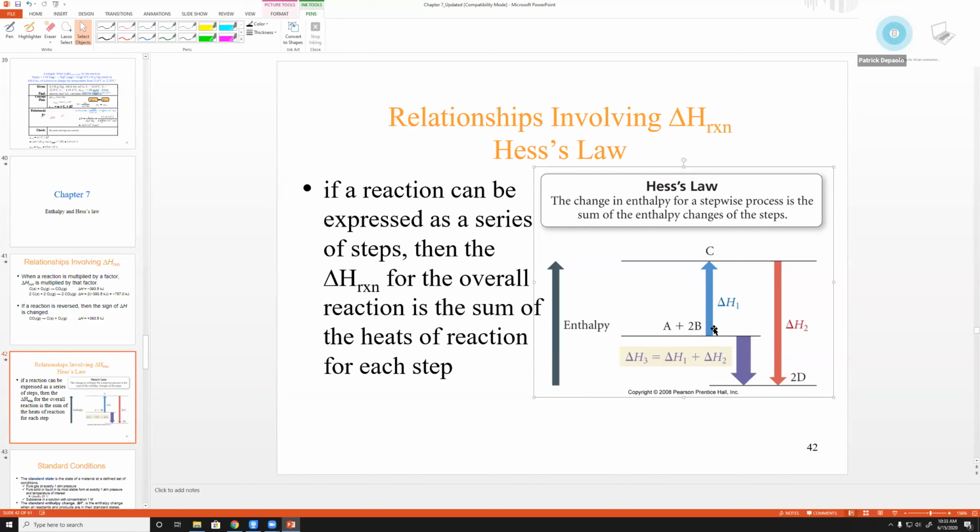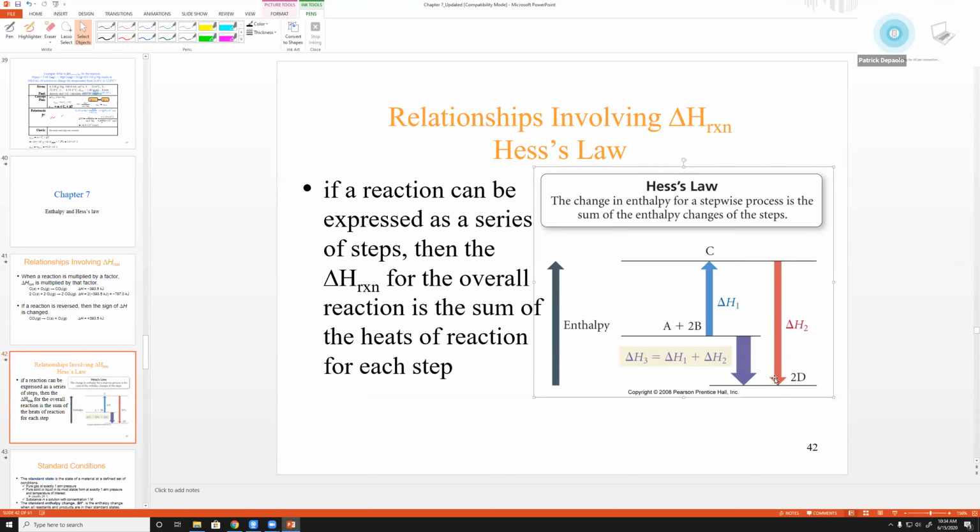There's reaction 1, which is A plus 2B, and it gives you C. That goes up in positive enthalpy, which means it's endothermic. Then there is equation 2, which goes from C to 2D, which means it's exothermic. The enthalpy goes down.